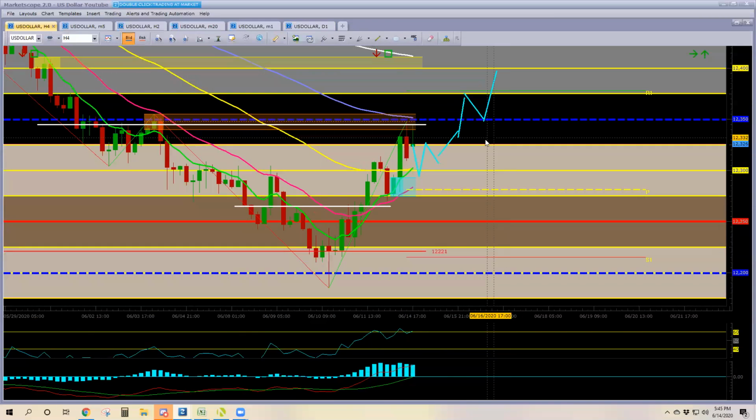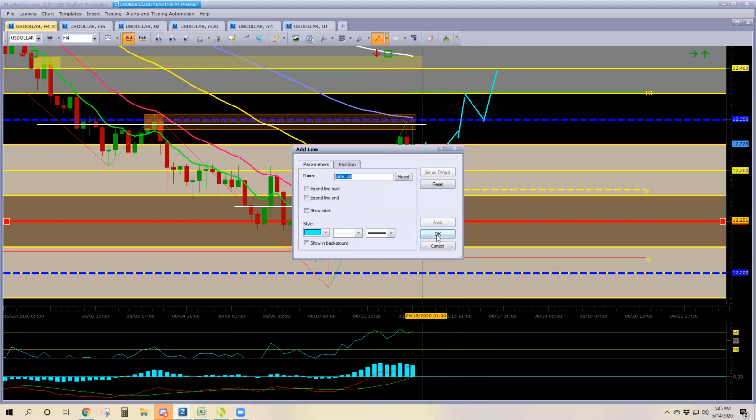Surely enough, it came into this level, and it looks like it's going to get rejected. That doesn't necessarily mean it's going to drop back down again, because we created demand here. So just see how this level plays out, and if we actually end up breaking this zone, we wait.